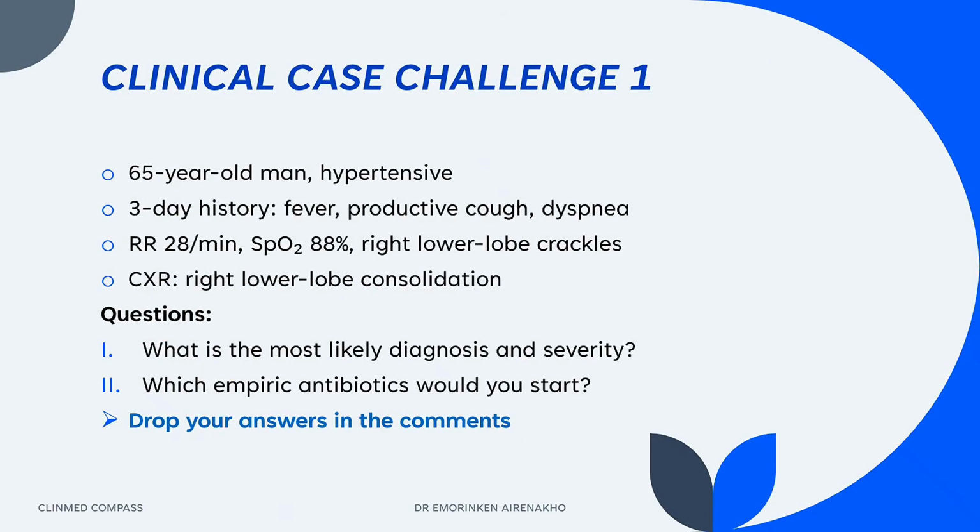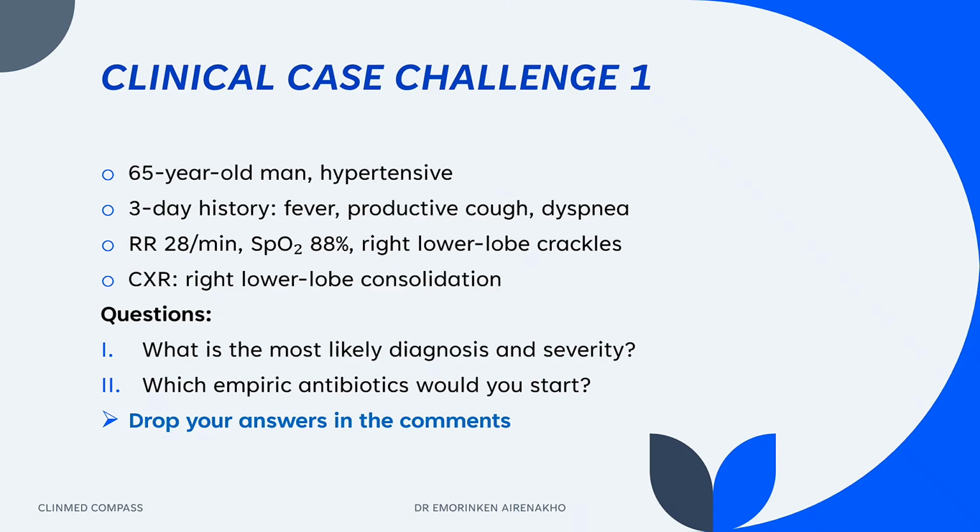Let's test our knowledge with this clinical case challenge. A 65-year-old man with hypertension presents with 3 days history of fever, productive cough, and dyspnea. Respiratory rate is 28 cycles per minute. Oxygen saturation is 88% on room air.